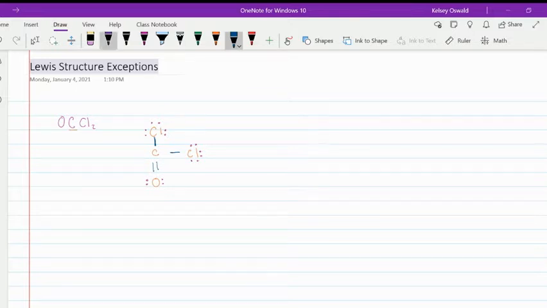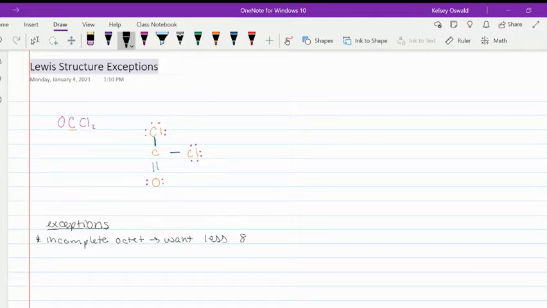Today, we're going to look at some exceptions to the rules we followed in creating that Lewis diagram. The first exception is the idea of having an incomplete octet. What this means is we want less than 8 valence electrons.